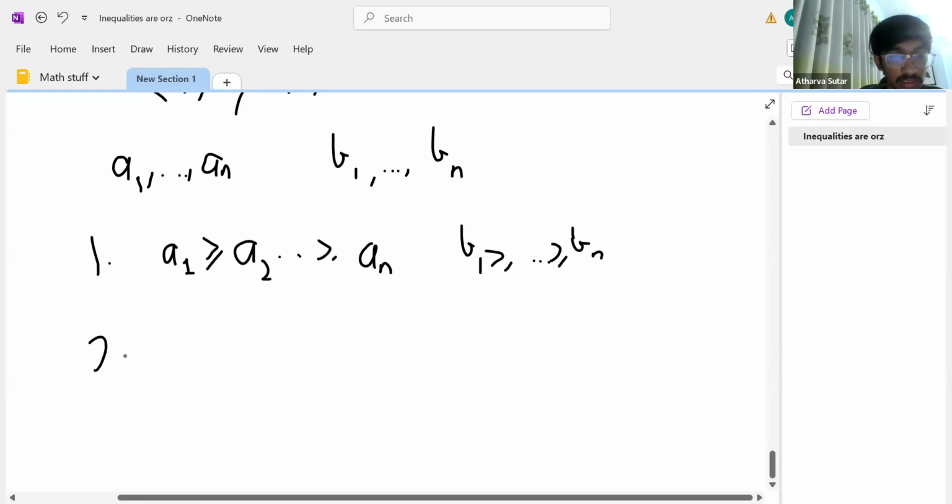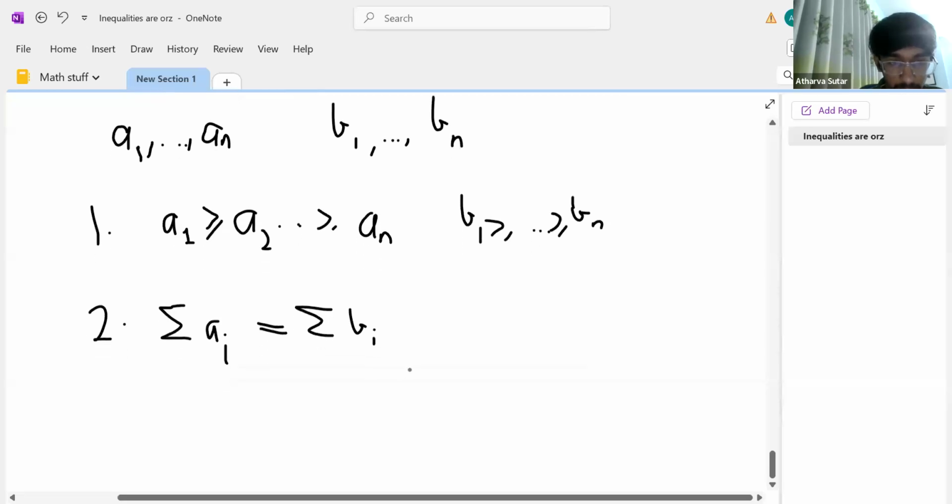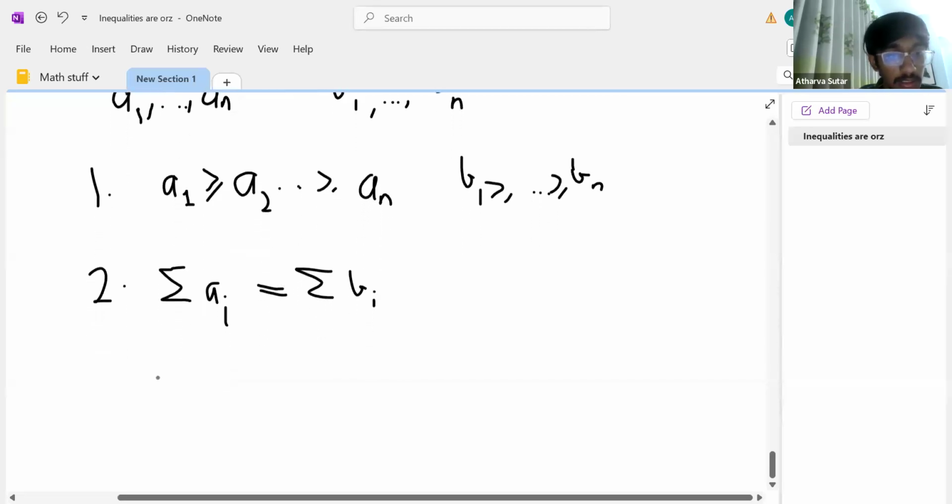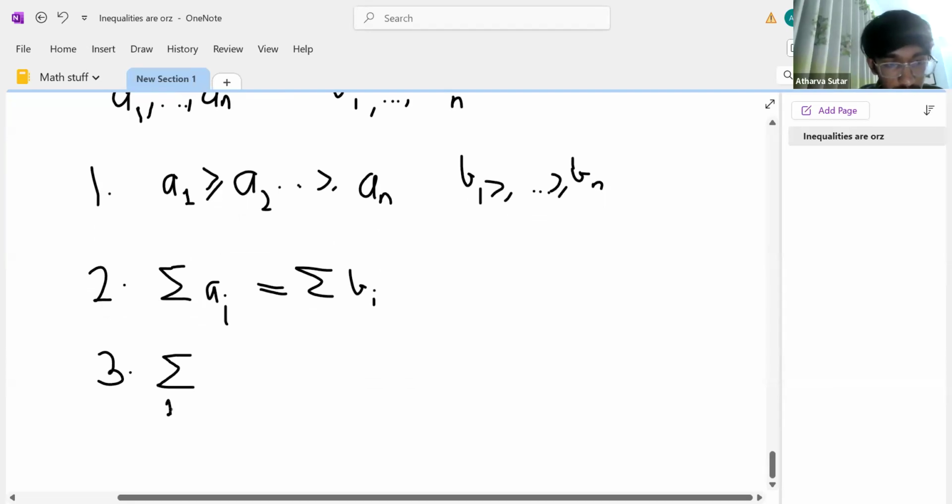The second condition is that the sum of Ai is equal to the sum of Bi. And the third condition, and this is the most important one, for any j from 1 to n, the sum of Ai is greater than or equal to the sum of Bi.